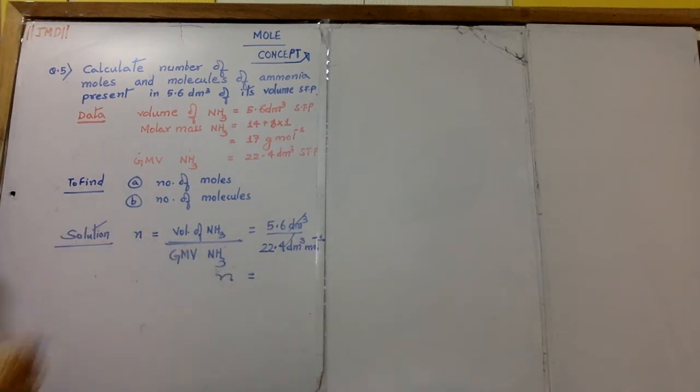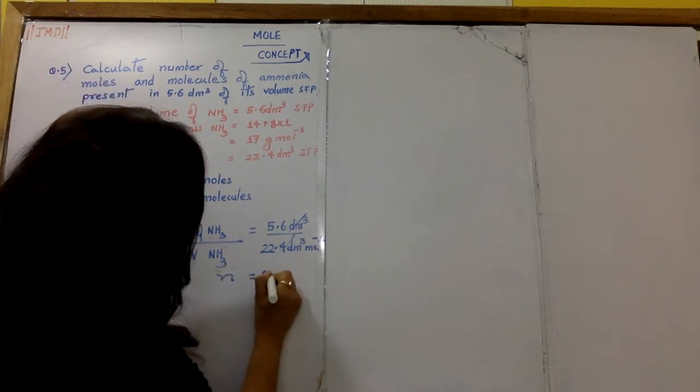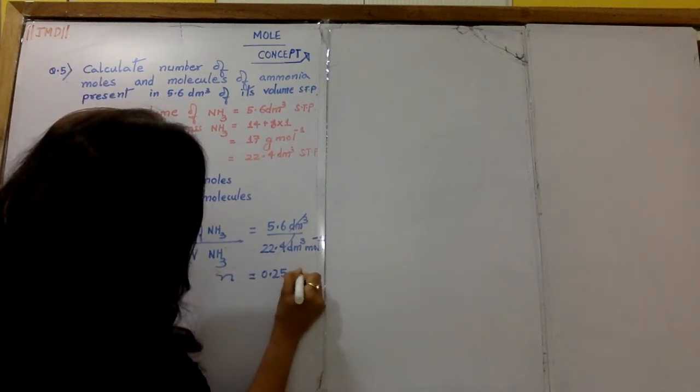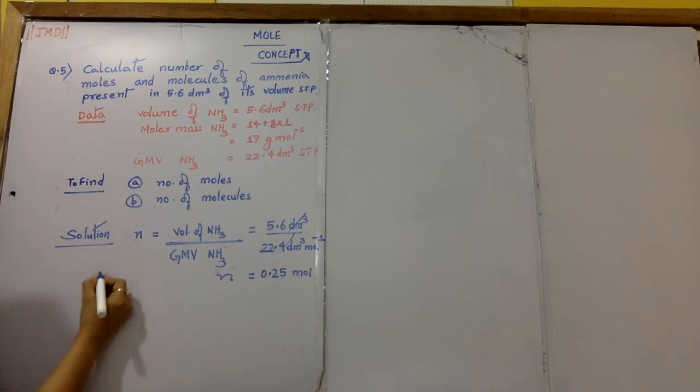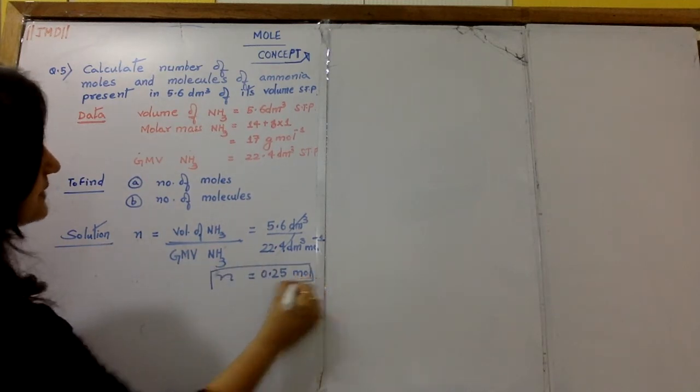So n is how much? We have 0.25 mole. So we got moles of ammonia. Now we have to convert these moles into molecules. So A is solved, this is the answer of the first part.